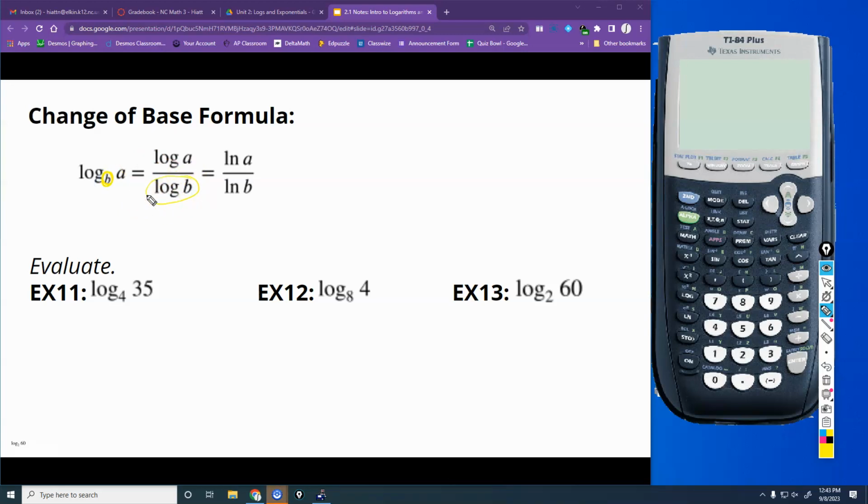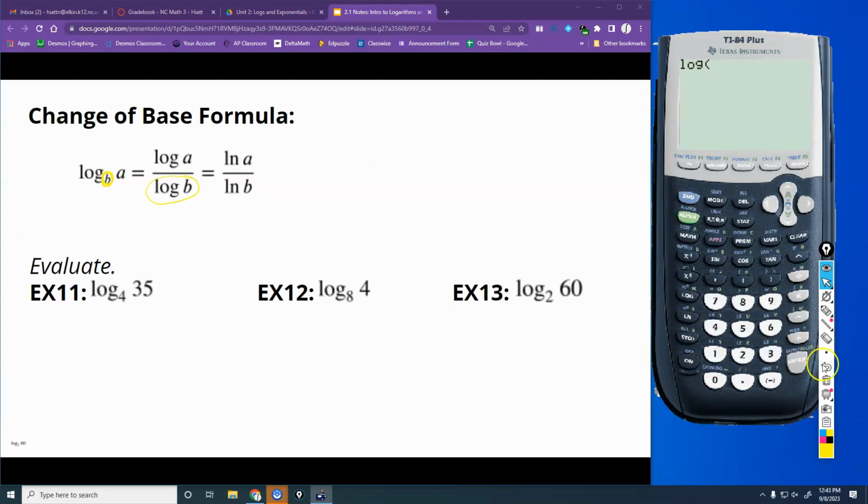Now, we're going to talk in a minute about how the log button on your calculator has no base. For right now, all you need to know is that your calculator doesn't have a log base something button. It also has this LN button below here. You can actually use either one of these.